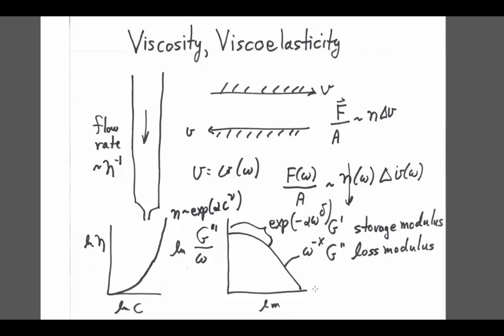The statement that you have G double prime and omega, and you get this frequency dependence, there's another way to do things, which is to take our gadget here and increase the shear rate, the delta V over delta L between the two plates. And as you increase the shear rate, you get a phenomenon known as shear thinning.